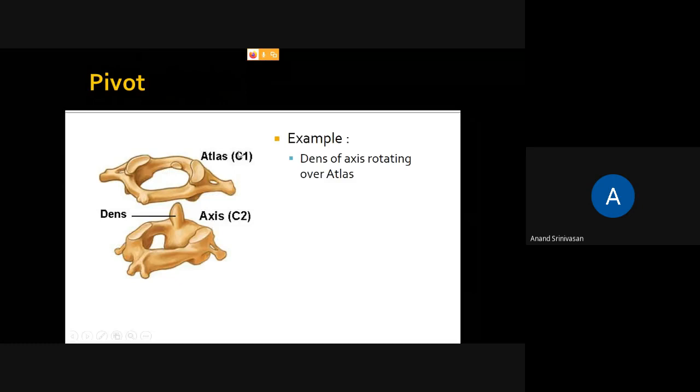That's why the C1 cervical vertebra is called atlas, and because C1 rotates on C2, it is called axis. So this is an example of a pivot joint, which takes place in the dens between axis and atlas, that is C1 and C2.